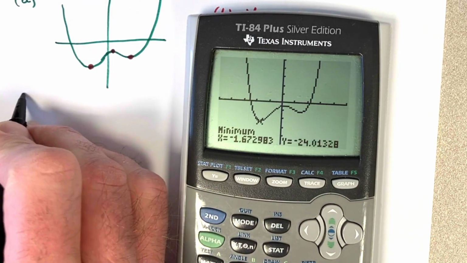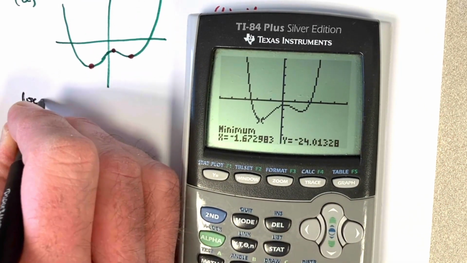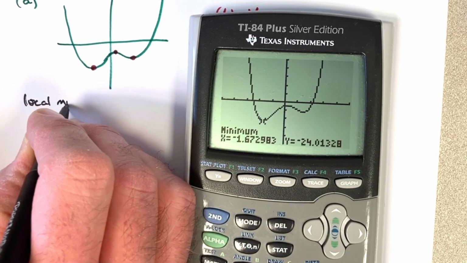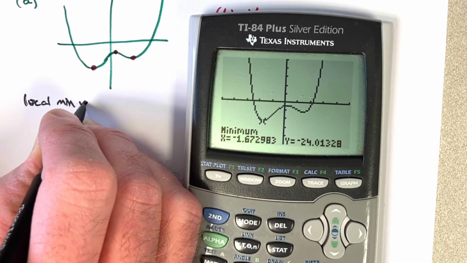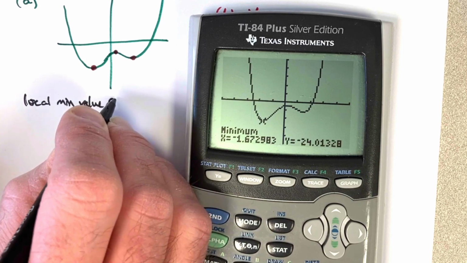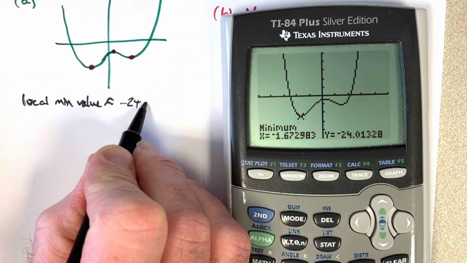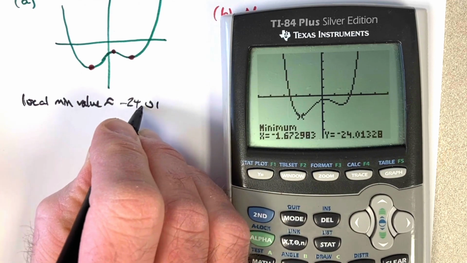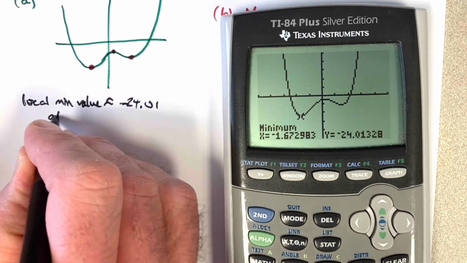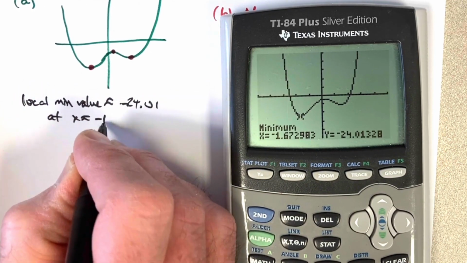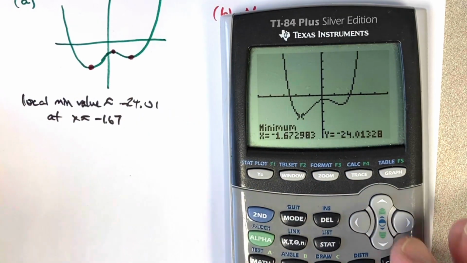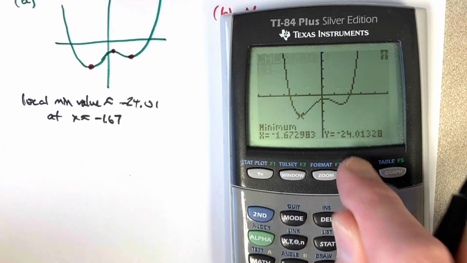So local min, could write local min value is the output. It's approximately the y value there, negative 24.01. We're after 2 decimal places here in the directions. At x approximately negative 1.67. I'll go on to the next point.